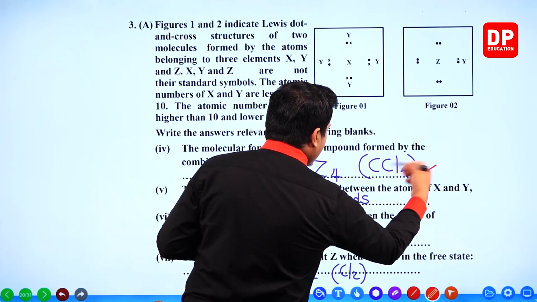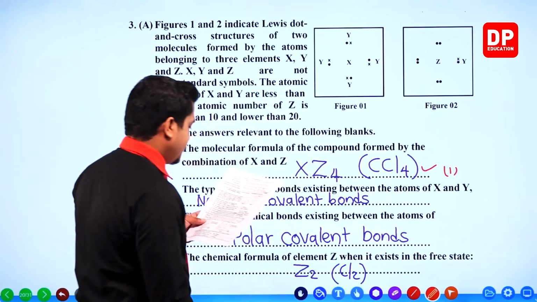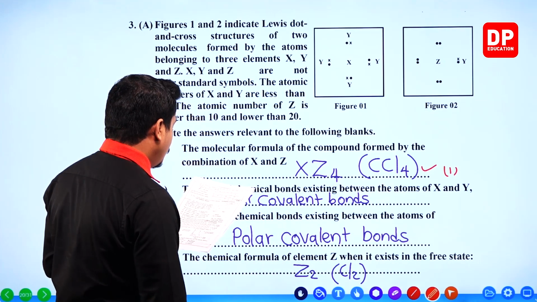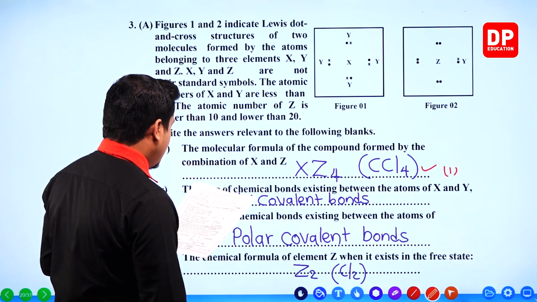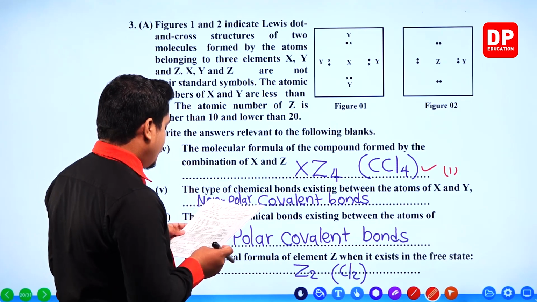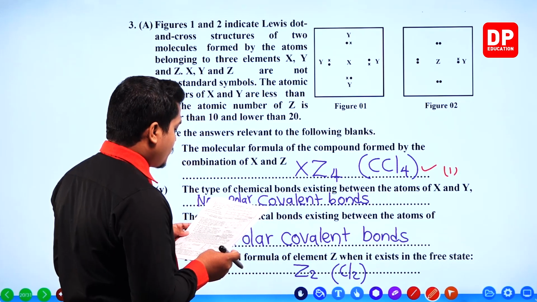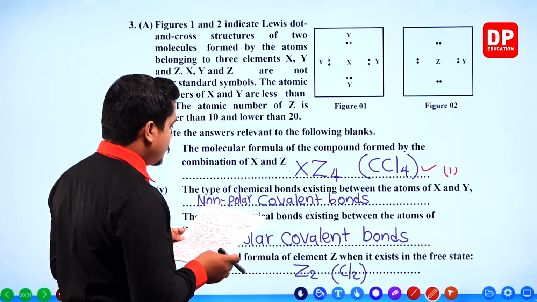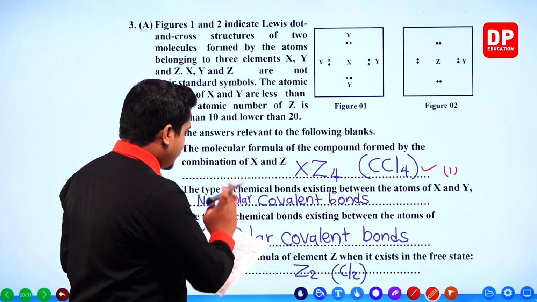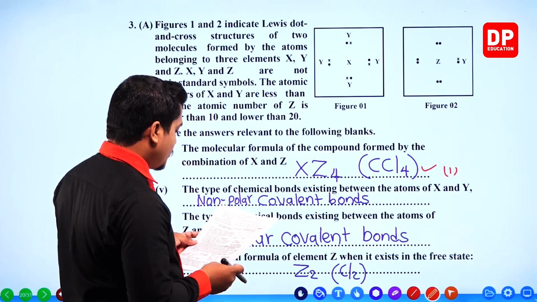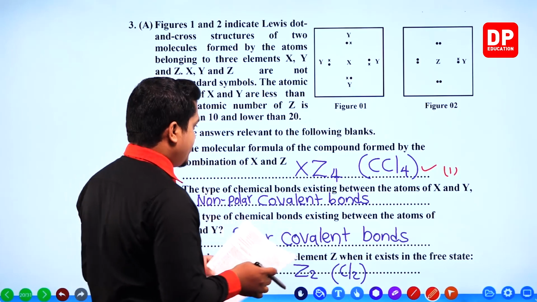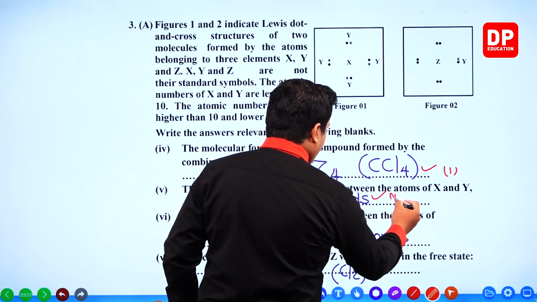So for either of these two, you will be getting 1 mark. Then for mentioning covalent bonds, actually within the marking scheme, my dear children, they have mentioned covalent bonds for both the answers. For these answers also, marks are given. So there is no problem in it. So here, 1 mark.